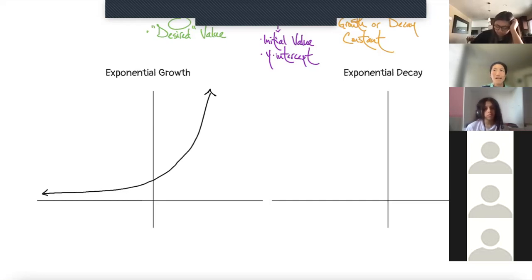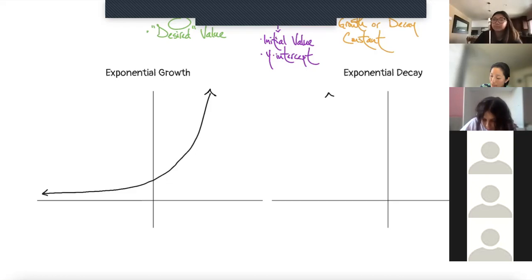All right. On the flip side, literally on the flip side, if we think about exponential decay, that's going to be a situation where we start pretty high up. All right, so we're going to start somewhere up there.